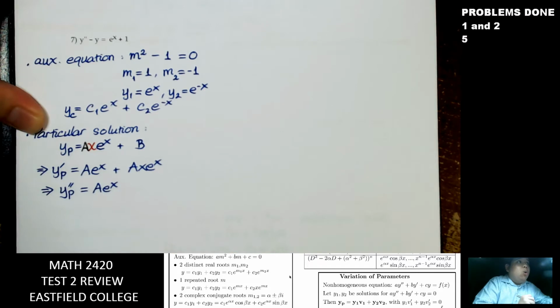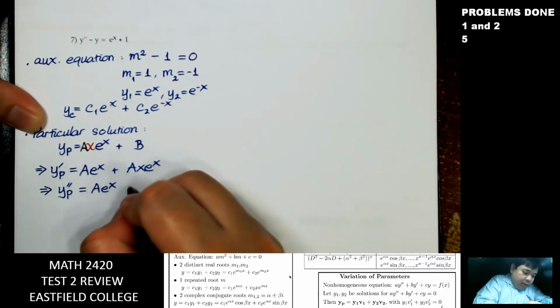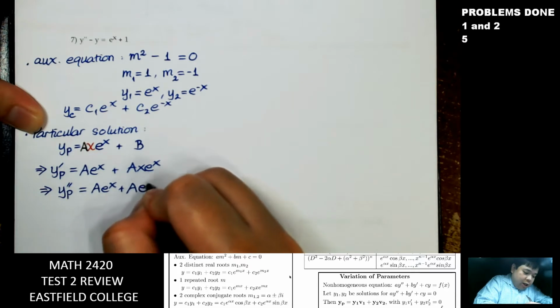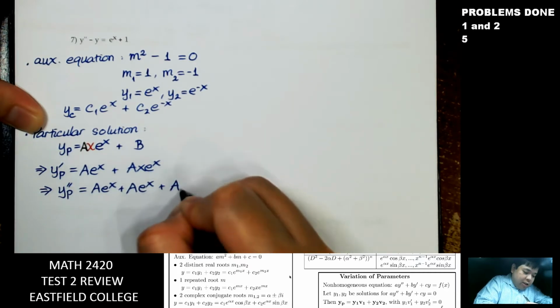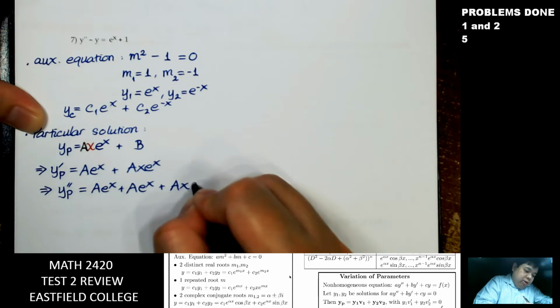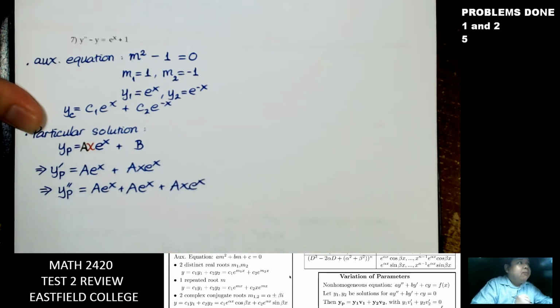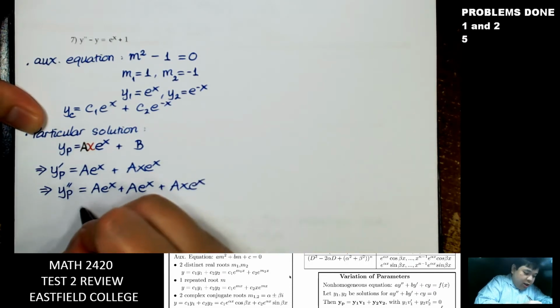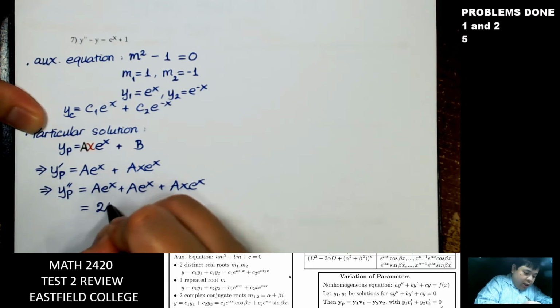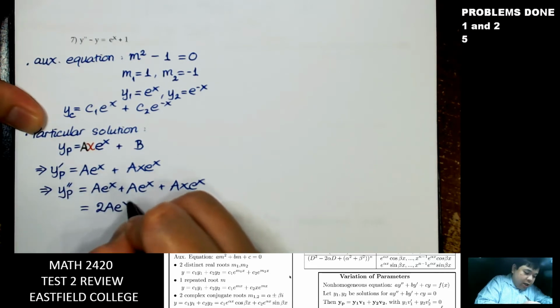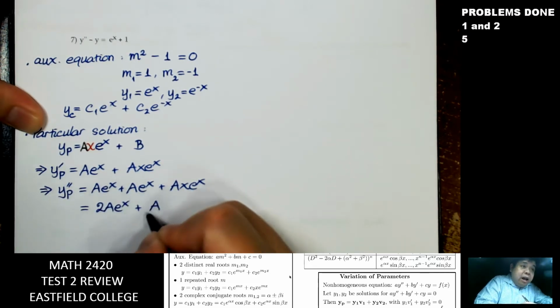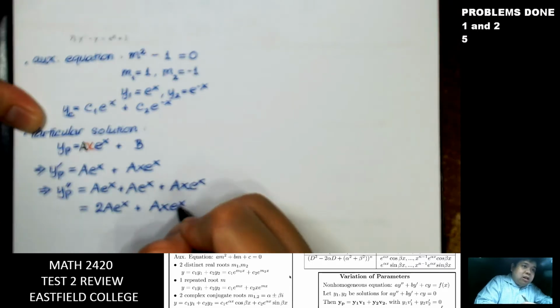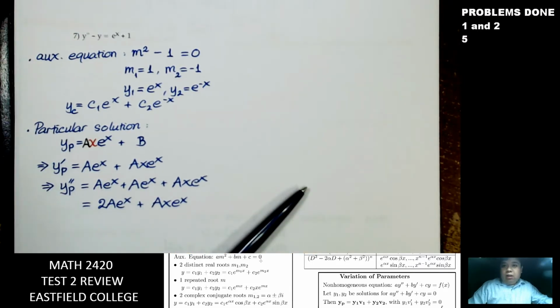The derivative of this is also a product rule, plus a e to the x plus a x. The derivative of e to the x will be the same. Right, simplify this, we'll have 2a e to the x plus a x e to the x.